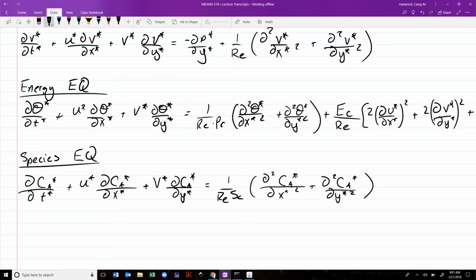Okay, and so there's our governing equation for the non-dimensional concentration of some species A.